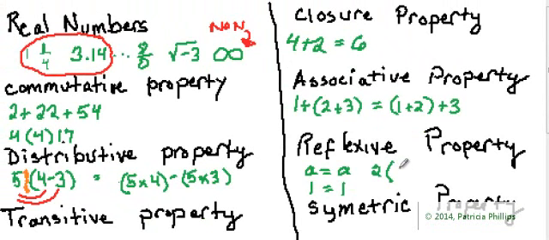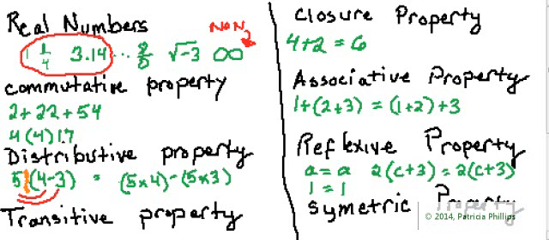This one will apply to all of them. Okay, this is something that you might see. 2 times c plus 3 equals 2 times c plus 3.